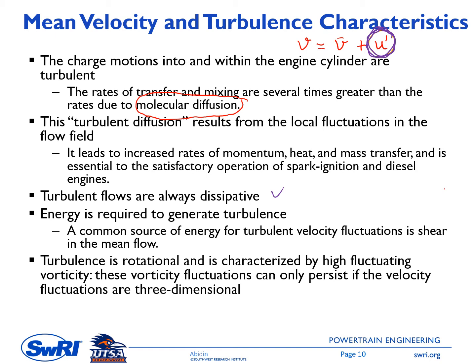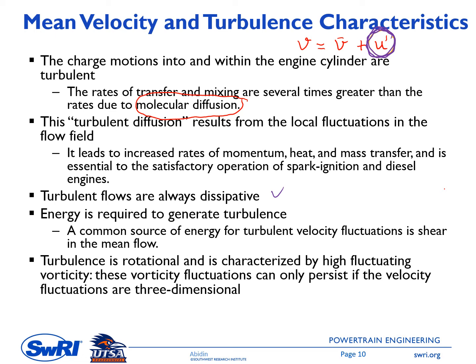Once again, because turbulence is very dissipative, we don't want to have the turbulence during the intake stroke. Why? Because high turbulence during the intake stroke will dissipate quickly, and then at the end of the compression stroke, we might have low turbulence. So what we want is to encapsulate some of the flow into organized flow.